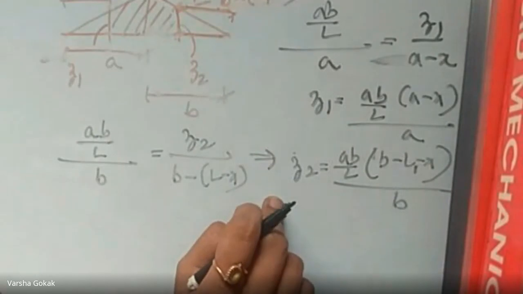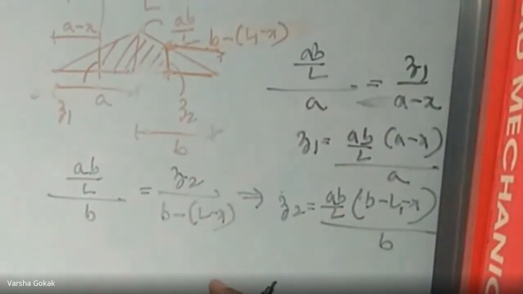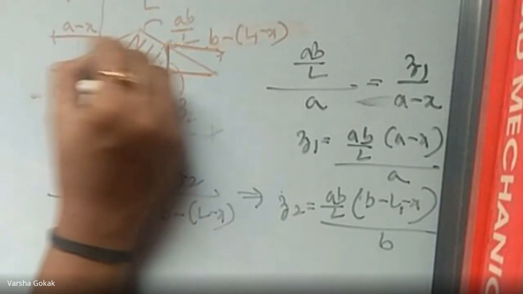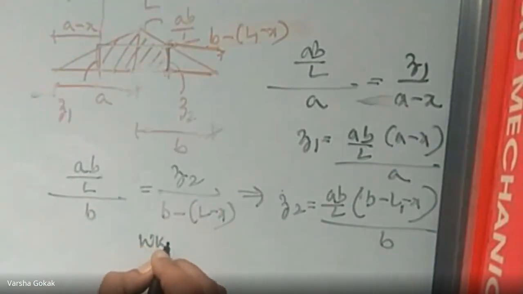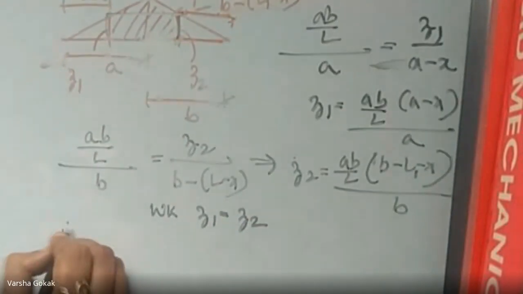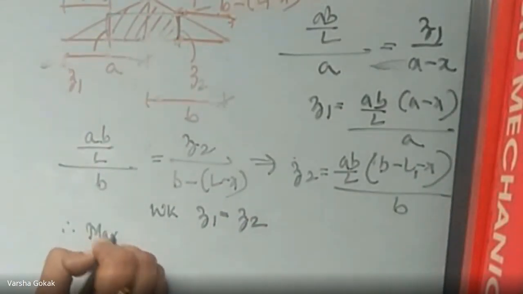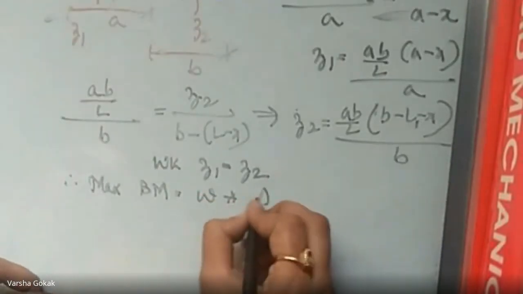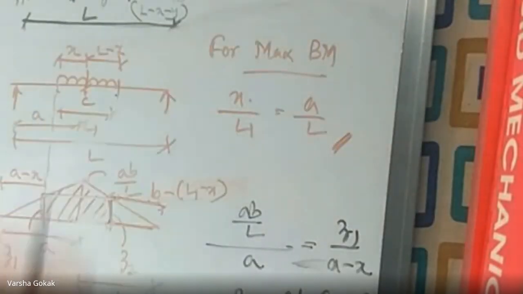So once we get Z1 and Z2, we know in our numericals that the Z1 and Z2 will be the same, right? Z1 value will be equal to Z2 value. Therefore, maximum bending moment is going to be load into the area between C and D, this distance, right?